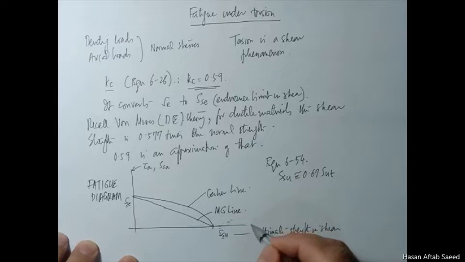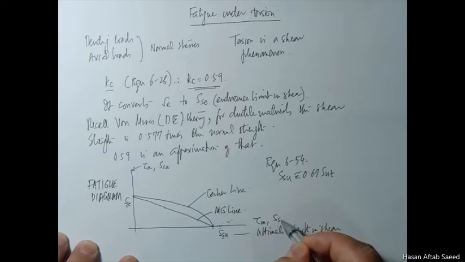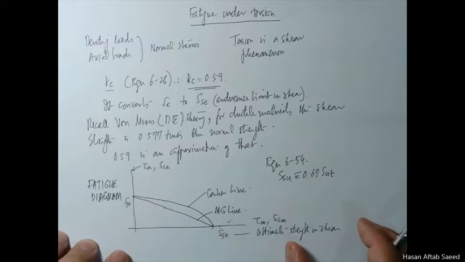Similarly, this axis is now for stress as well as strength, but now we are talking about shear stresses and shear strengths. This is the mid-range axis, and this is the alternating component, amplitude component axis.